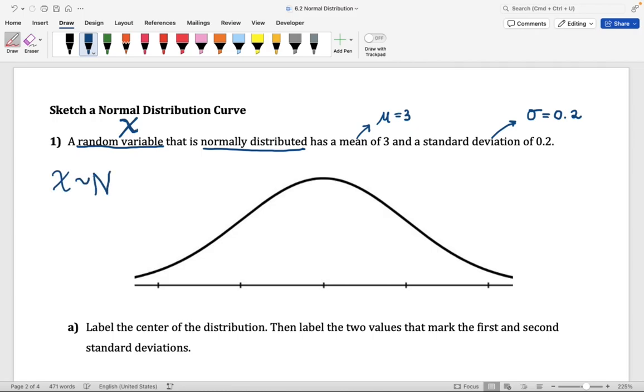We can just write capital N, and then in parentheses, we're going to write the mean and then the standard deviation. Okay? So here, again, x follows a normal distribution with a mean equal to 3 and a standard deviation equal to 0.2. So that is what that notation represents. You might see it later on your WAMAP homework or on other activities that we do in this class.